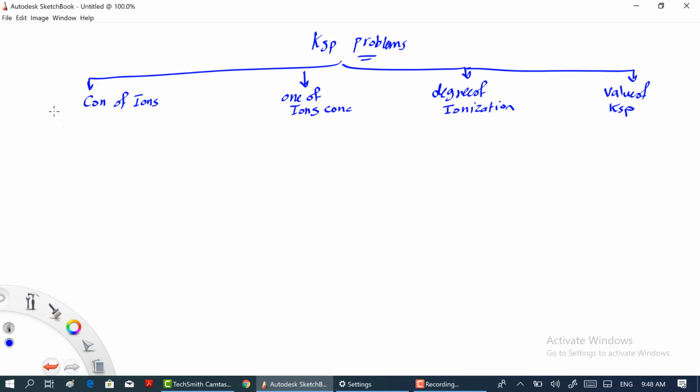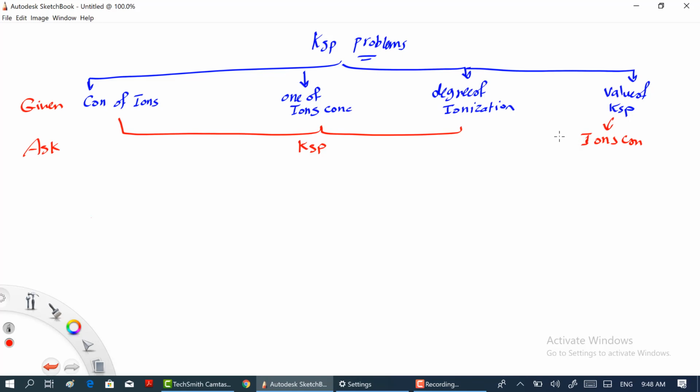So what is it here? It will be the given. What does he ask you about? In these three cases, it's talking about the Ksp, but in this case, it's asking about ion concentrations. Right. Let me give you an example.